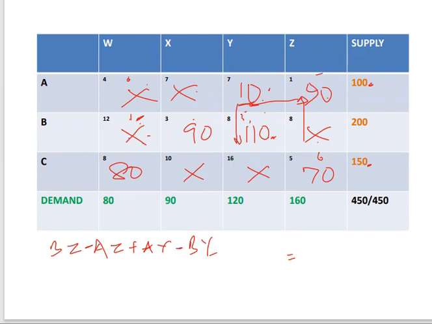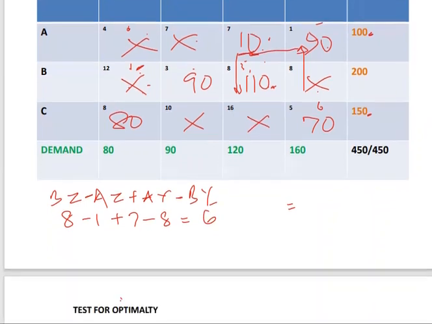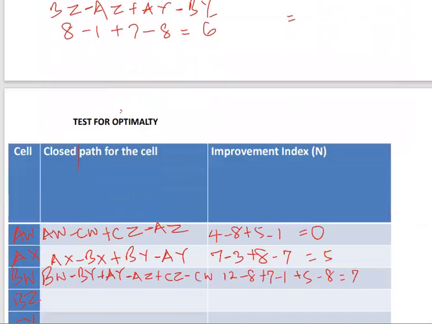So what would that give us? 8 minus 1 plus 7 minus 8. 8 minus 1, 7. 7 plus 7, 14. 14 minus 8, that is positive 6. So that means that part we also increase our cost by 6 naira. And that's not what we are looking for.